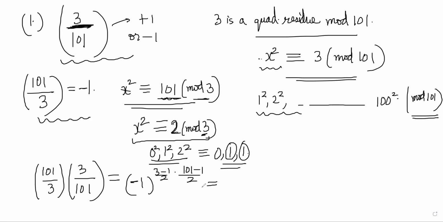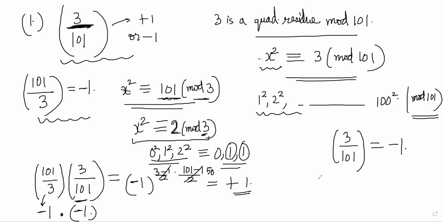So from here we know that (3 minus 1) by 2 is 1 and (101 minus 1) by 2 is 50. So this is +1, right? This is +1 means the only way that can happen is if this is -1 and this is -1, right? So we already knew this was -1, so this must be -1. So we get the answer that 3 over 101 is -1.